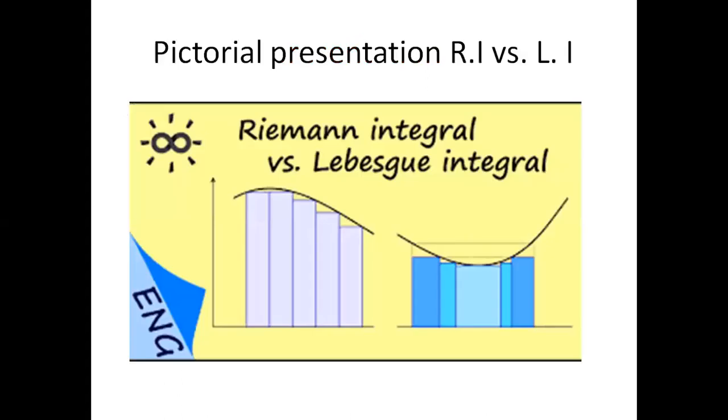You can see one of the pictorial representations of Riemann integration versus the Lebesgue integral. If you make a Riemann integration here, this is the Lebesgue integral. Here, the lesser part will not vanish in this Lebesgue integral. This is the general form.